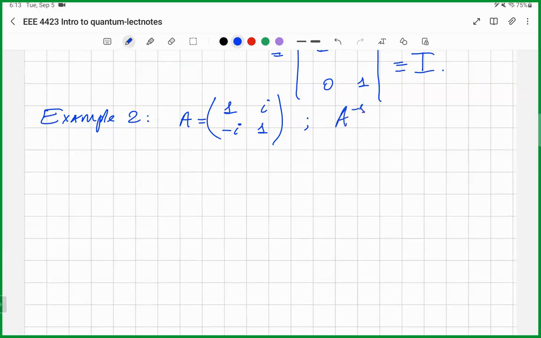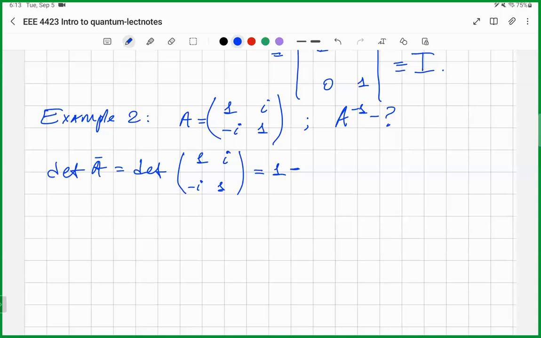So what is the inverse matrix now? For this matrix, we first have to define the determinant, which is the determinant of 1, i, minus i, 1, which gives us 1 minus i times i, which gives us minus 1.